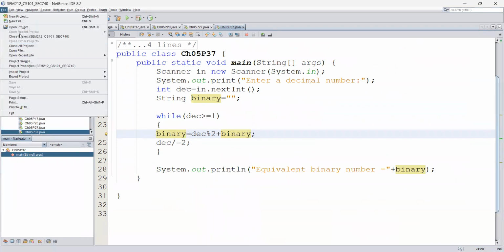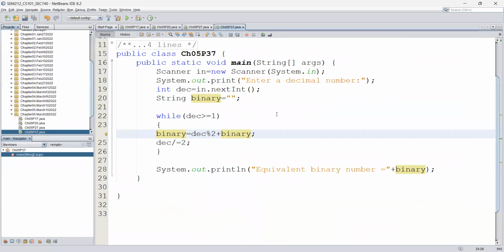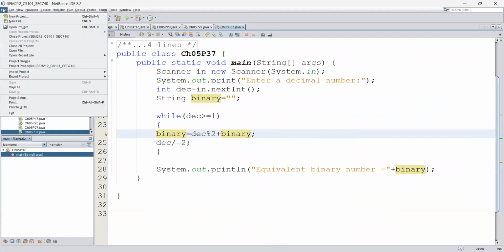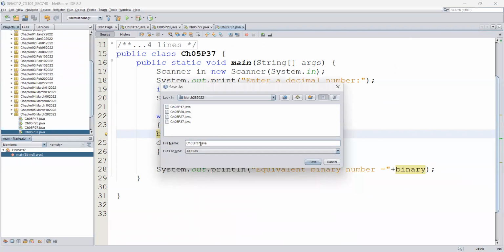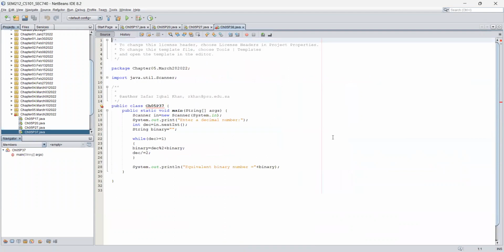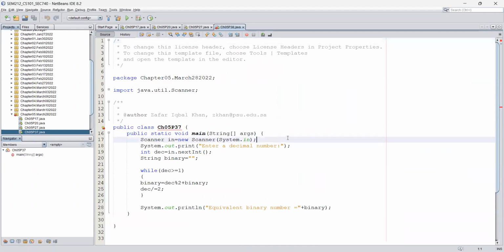So with only one slight change, the second program can also be solved.